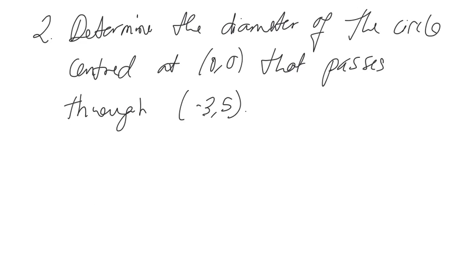Another example could be something like this, where we're asked to determine the diameter of the circle centered at the origin, (0, 0), that passes through (-3, 5). So our starting point will always be the equation of a circle centered at the origin, like this. And now I substitute my point in for, again, x and y.